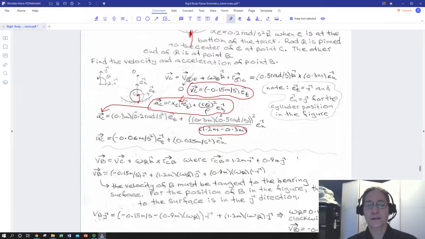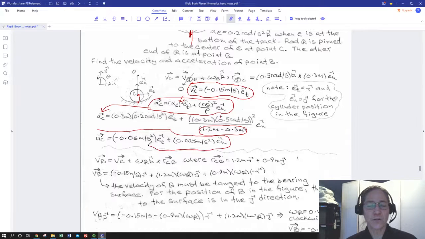This really shouldn't have a negative sign on it, so we'll get rid of that. I believe that's an error. It wouldn't matter because it's going to get squared anyway. And here's rho, the difference between our radius of curvature and the center point of our wheel. That's going to end up being 0.9, and we get this expression for the acceleration of our center point.